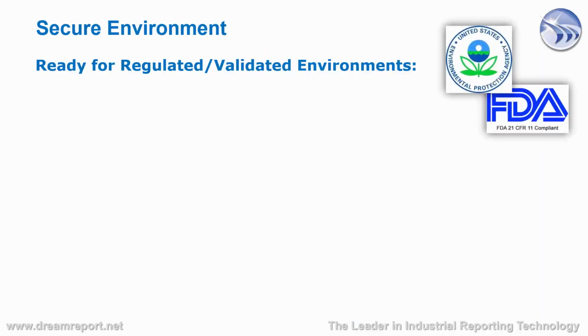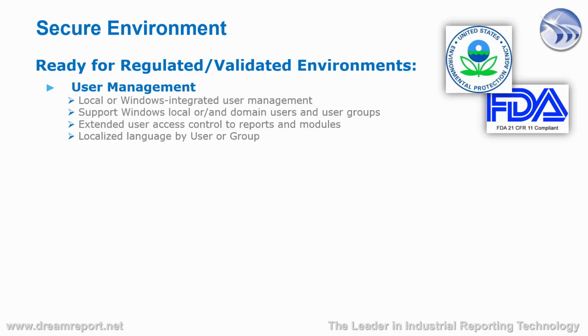DreamReport can be configured as a secured environment ready for any regulated or validated industries. The user management features include support for local or Windows integrated security. Additionally, DreamReport supports security at the user and the user group level.